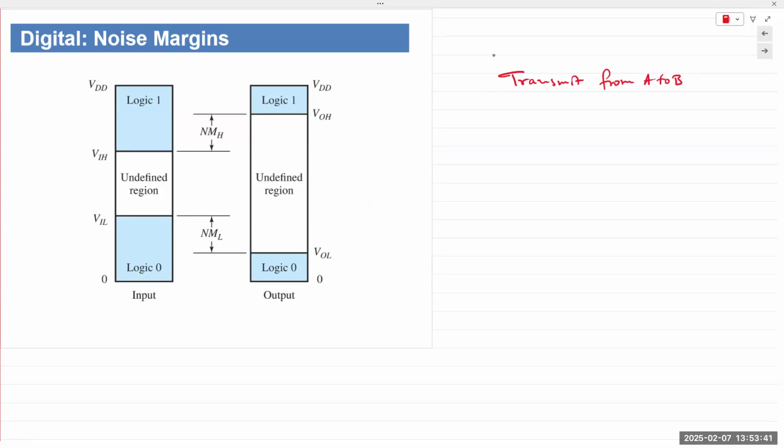So at some points, our data is supposed to be on, meaning it's supposed to have a value of 1. This is the voltage level. So it's supposed to have a logic value of 1, logic high.